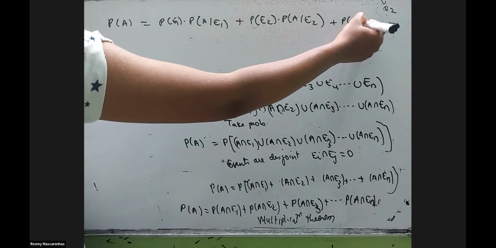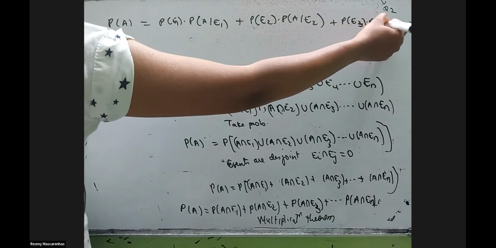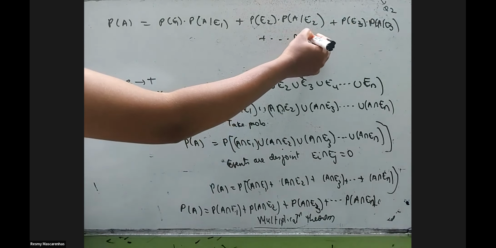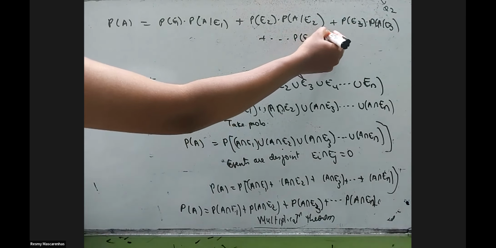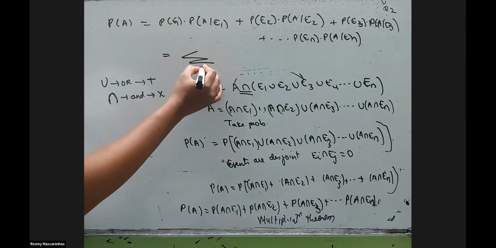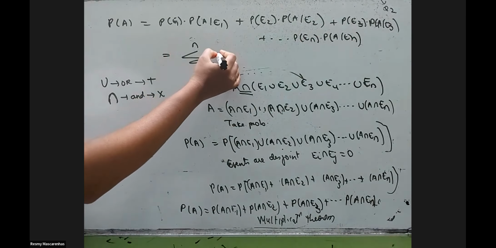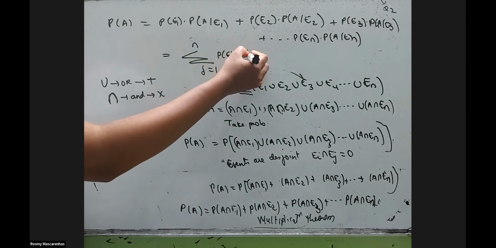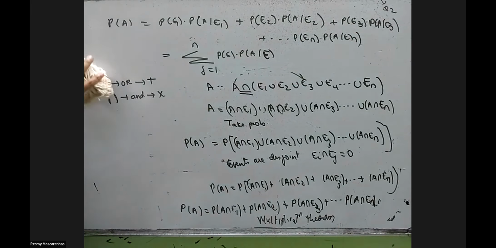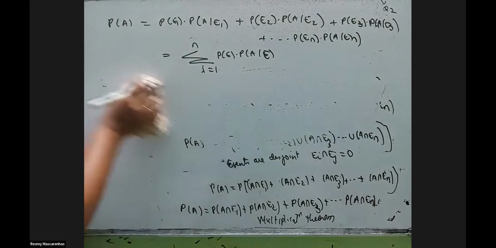And that's the proof. Which is nothing but the summation of 1 to n. This is the theorem of total probability.